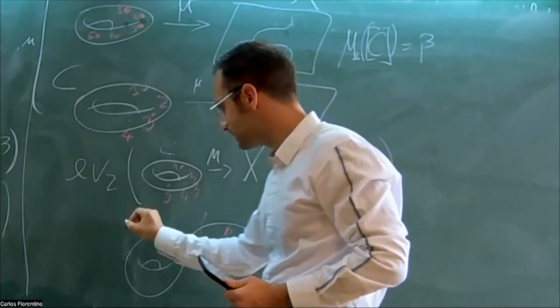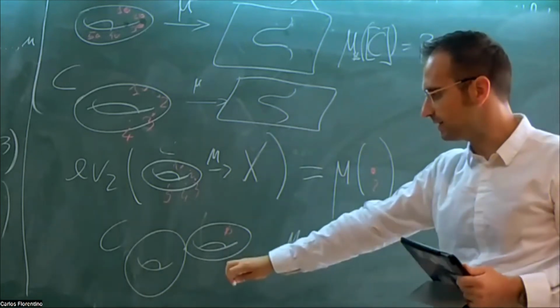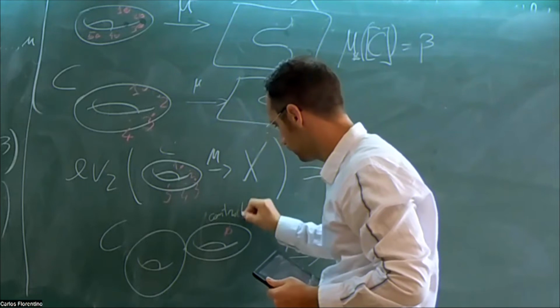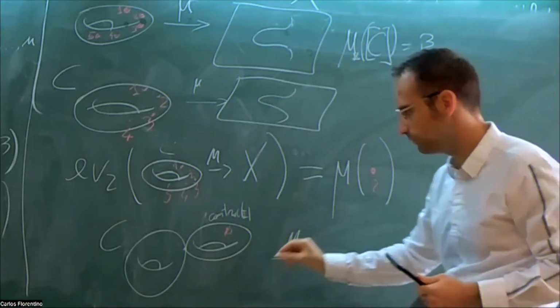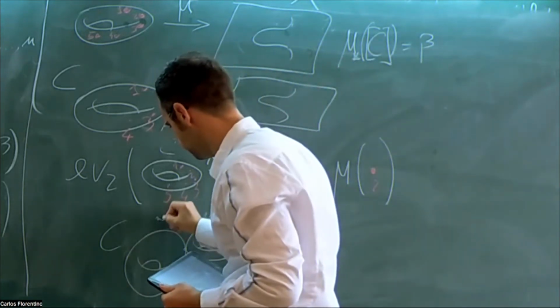Let's suppose that this is C, and mu contracts this map. So this is contracted, and I have just an image of this component. This is not contracted.